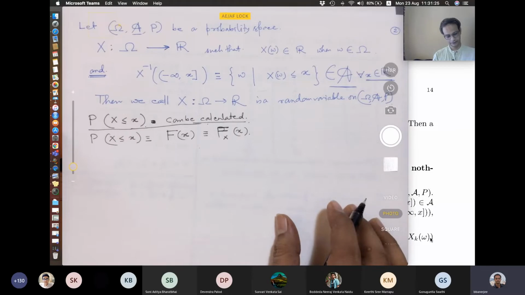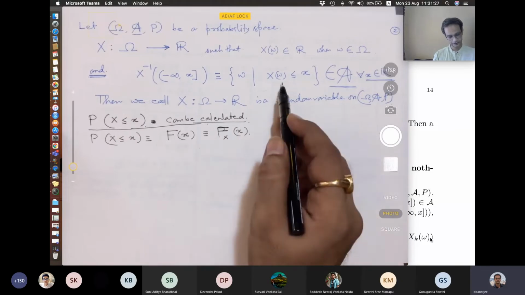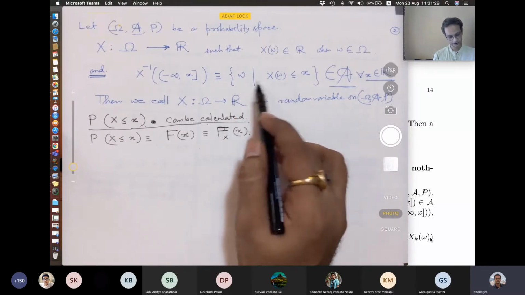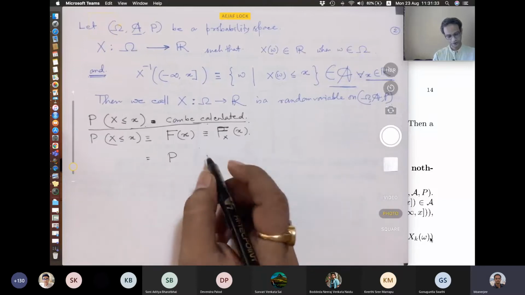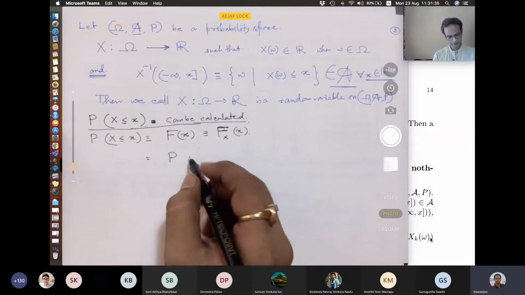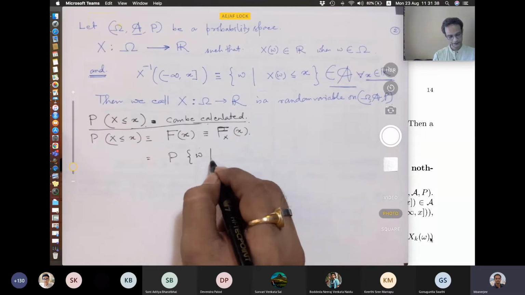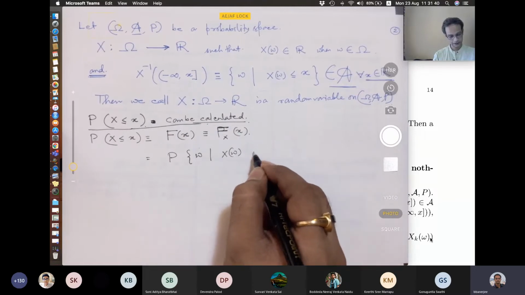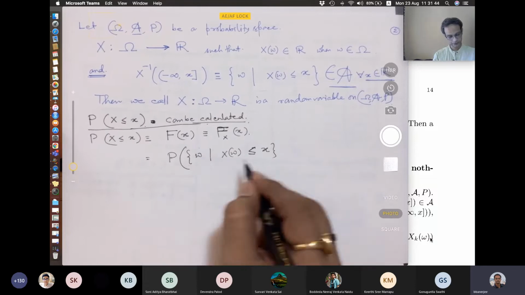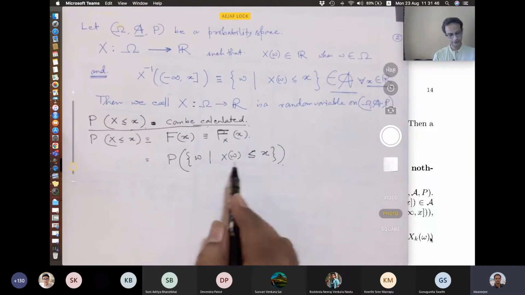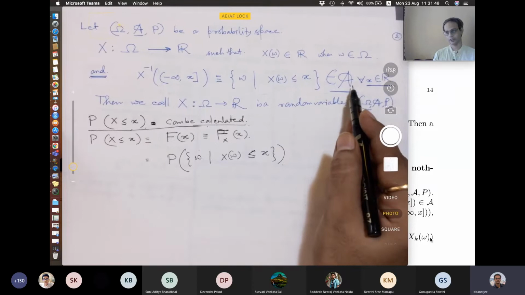The meaning of this thing is defined through this structure: this is the probability of the set of ω such that X(ω) is less than or equal to small x. And this element belongs to the sigma field, so we can talk about its probability.